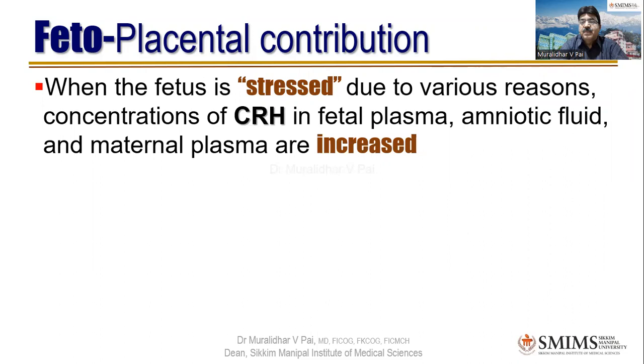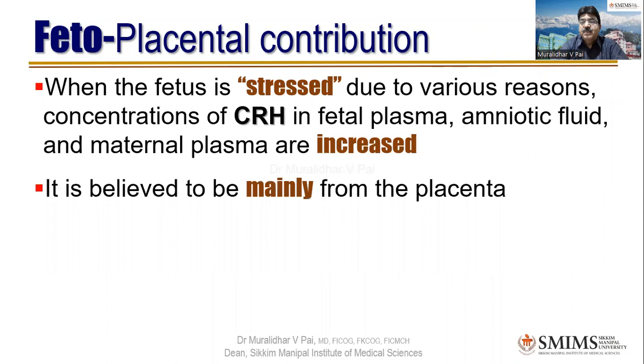So whatever it is, when the fetus is stressed due to various reasons, the concentrations of corticotropin releasing hormone in fetal plasma, amniotic fluid, and maternal plasma are increased. You already saw one mention about CRH in the previous section of my talk. So let us look into it more elaborately now.